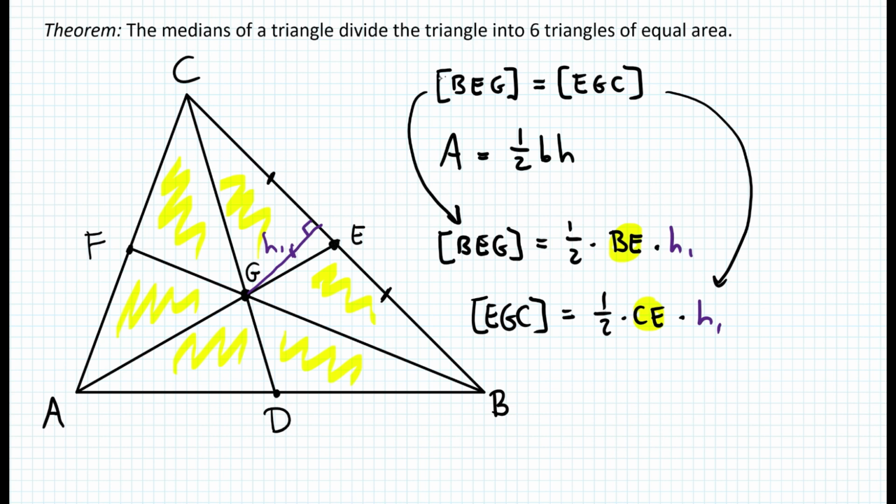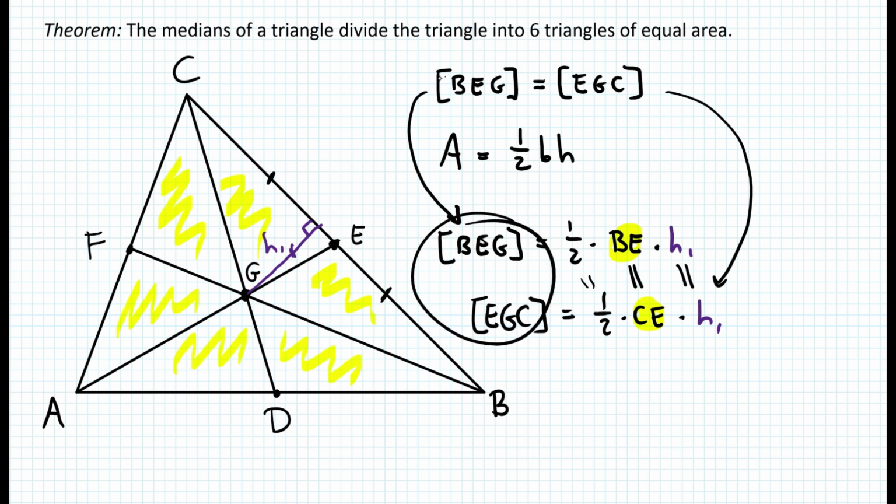Because E is the midpoint of segment BC, because segment AE is the median. And by definition, the median goes to the midpoint of the segment opposite of the triangle. So look at this. If BE is equal to CE and H1 is equal to H1, and we know that 1/2 is the same as itself, then we can say that these two areas are the same, okay?